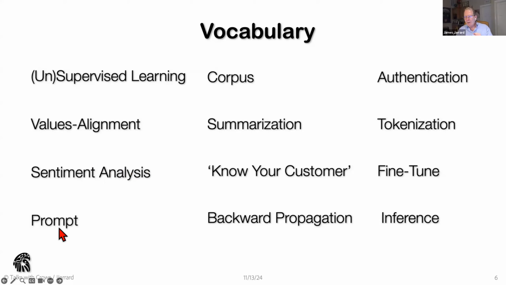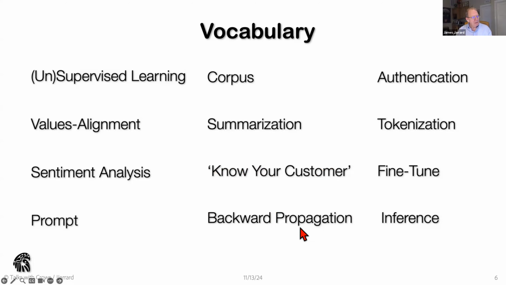A prompt, remember, you generate some text and the AI will give you an answer or an inference back. It's all statistically oriented. The corpus is the volume of materials that are used to train. Know your customer: all of the AIs are going to demand of you that you tell it who you are.